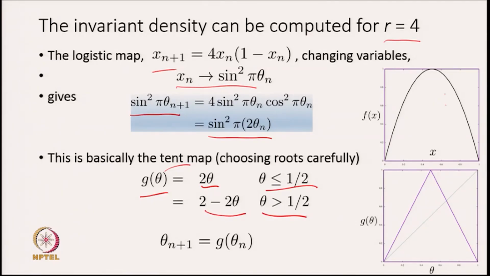So you see this is the correspondence between these two maps, the logistic on the one hand and the tent on the other hand. Through this transformation, x goes to sine squared of pi theta.